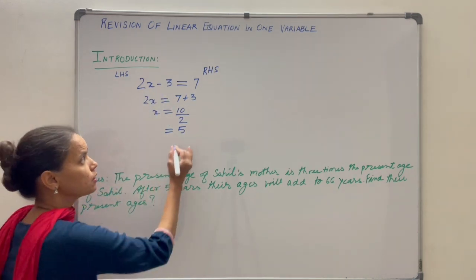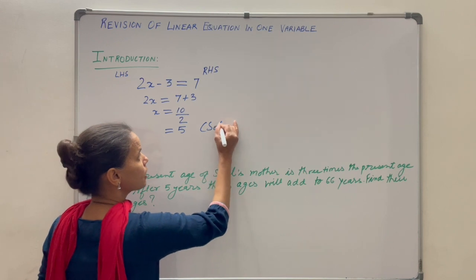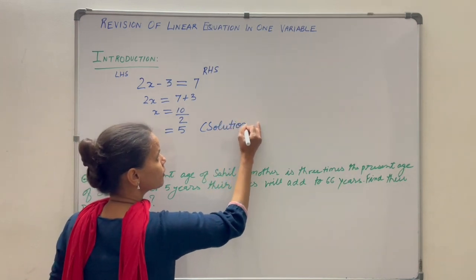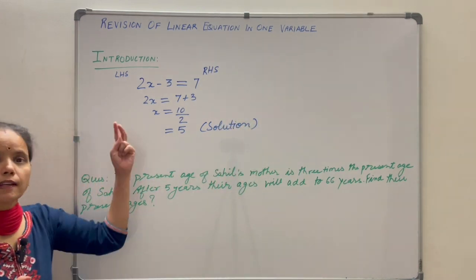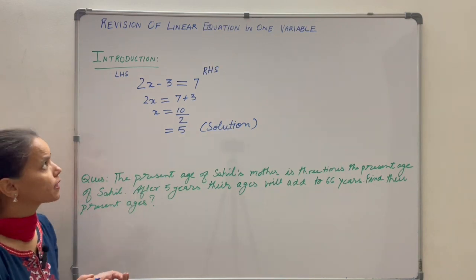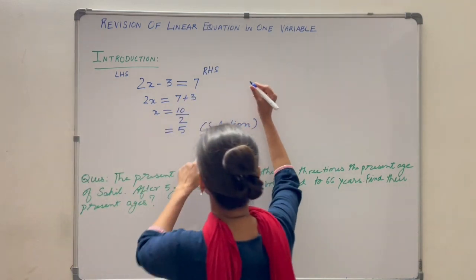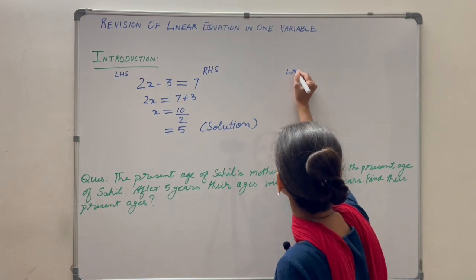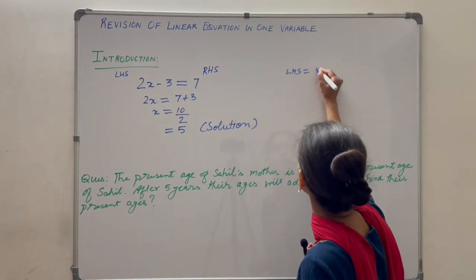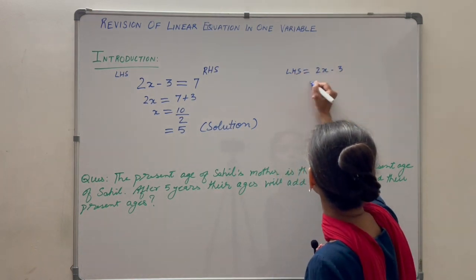What is the solution? Solution is that value of the variable which, whenever you put it in the equation, makes the left hand side equal to the right hand side. So let us put the solution in the left hand side of the equation. The left hand side is 2x minus 3.